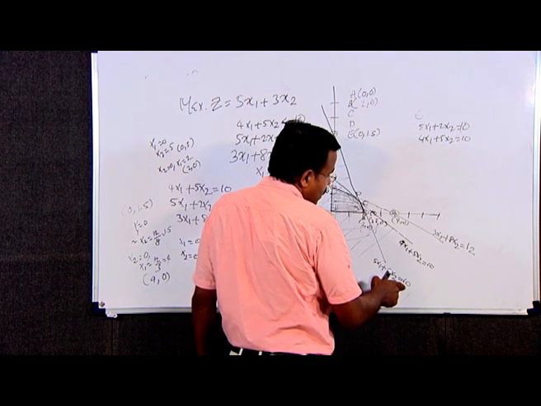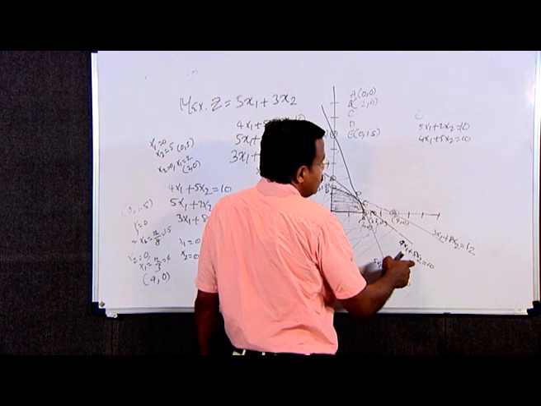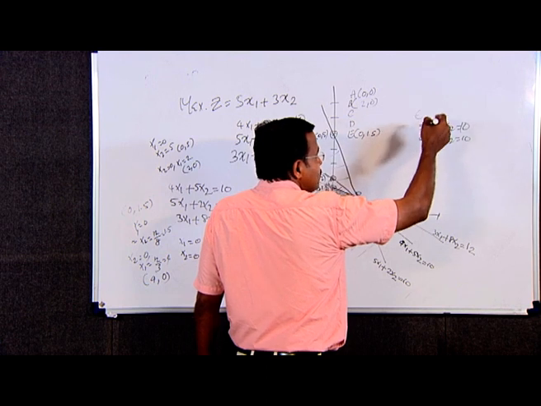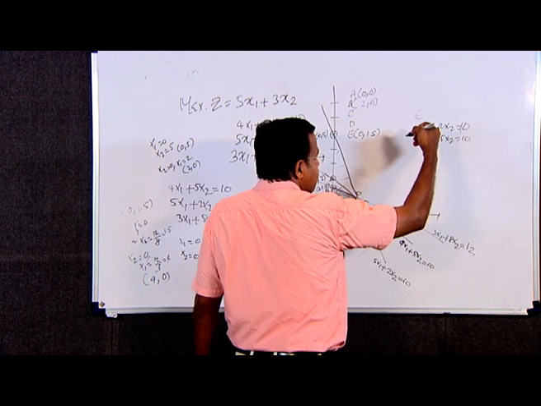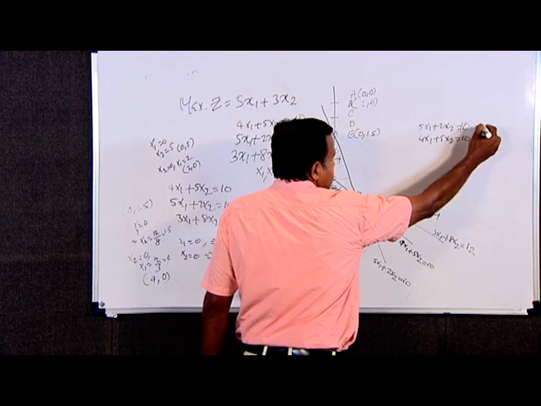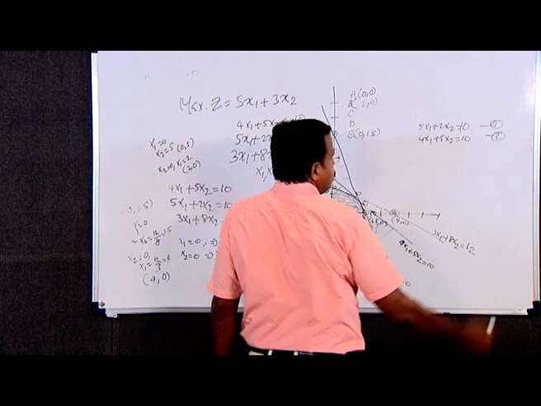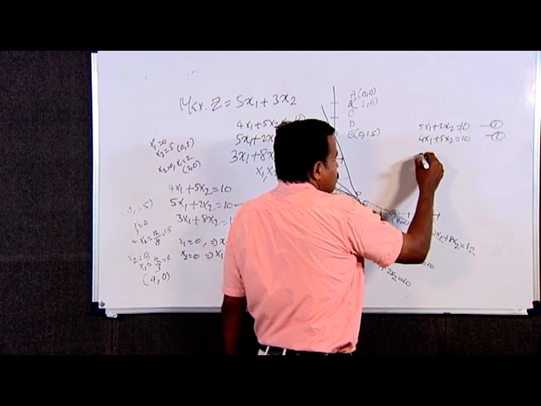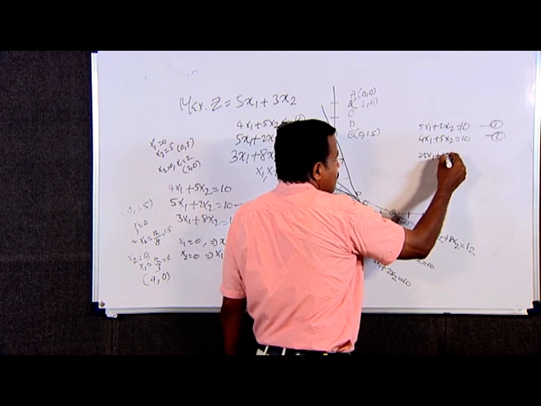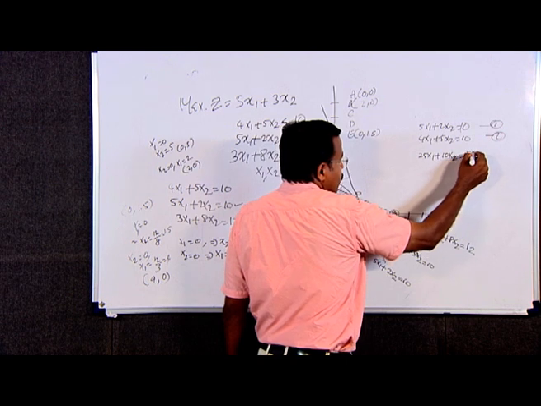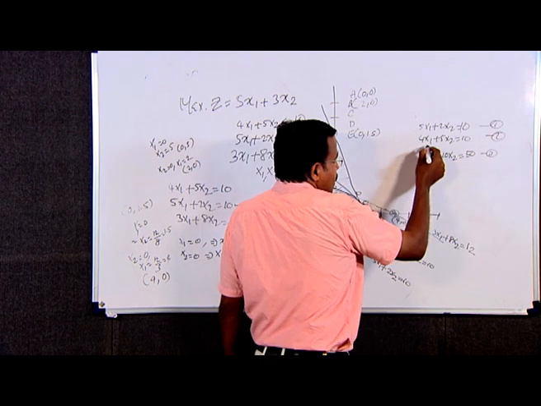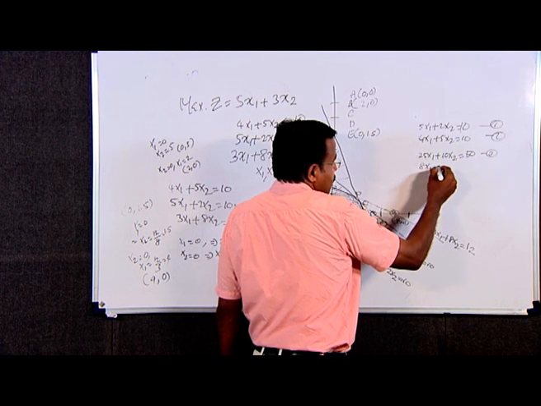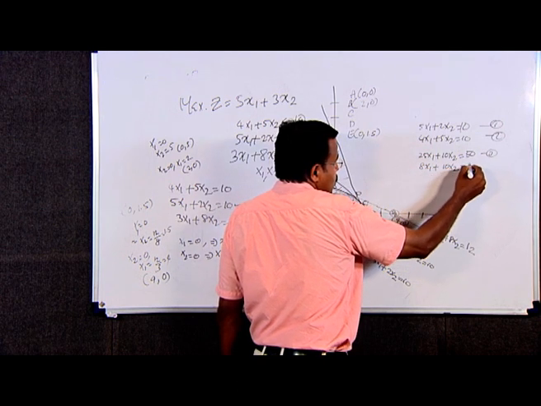Let it be equation number 1 and equation number 2. Let the first be multiplied by 5. So, 25x1 plus 10x2 equal to 50. Let the second be multiplied by 2. So, 8x1 plus 10x2 equal to 20.